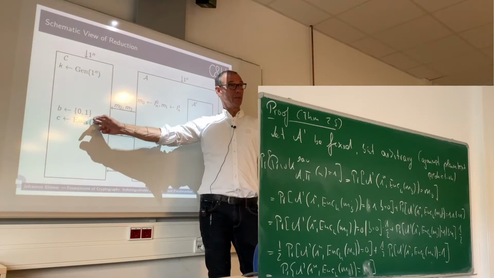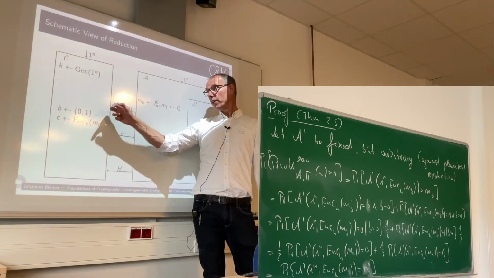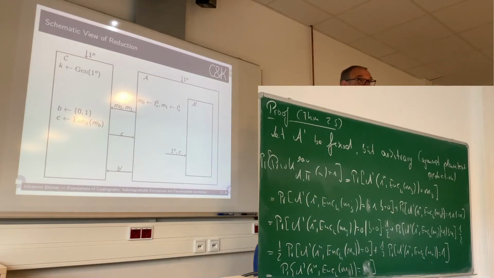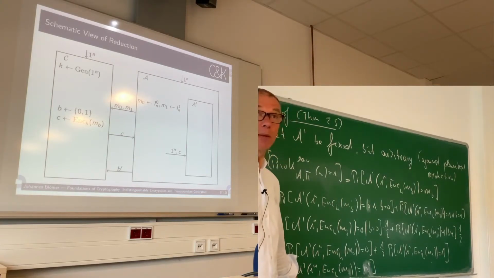Randomness here and randomness here, together, this choice and this choice together is a random choice of an M. So what this guy here gets is really exactly what we have in our theorem. And therefore, it's the same here. Okay?